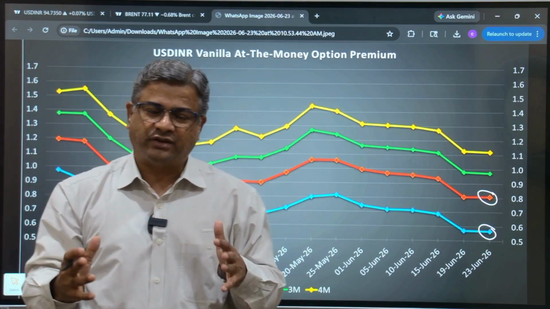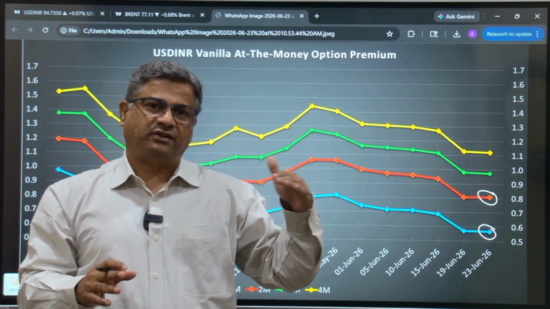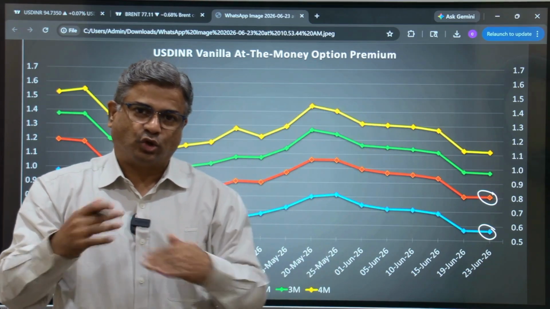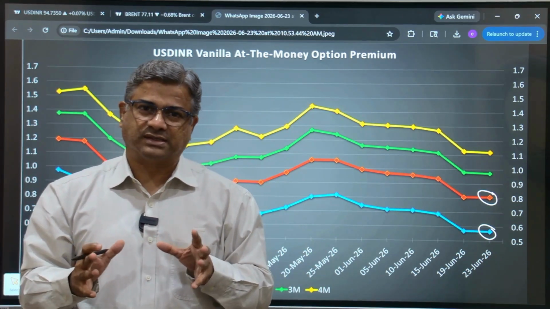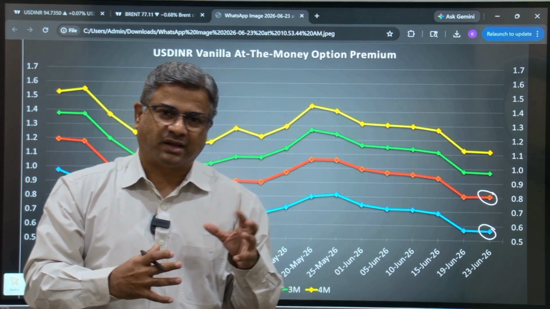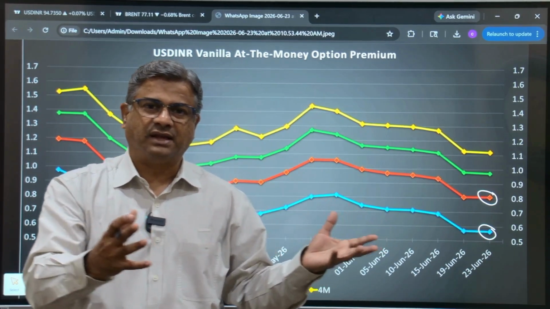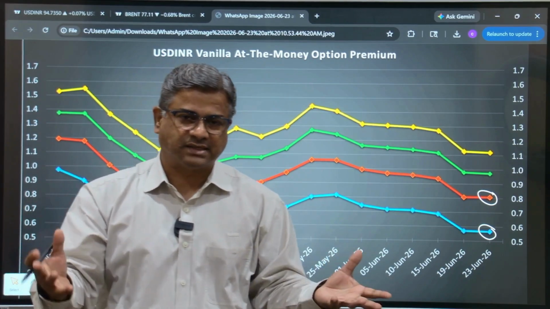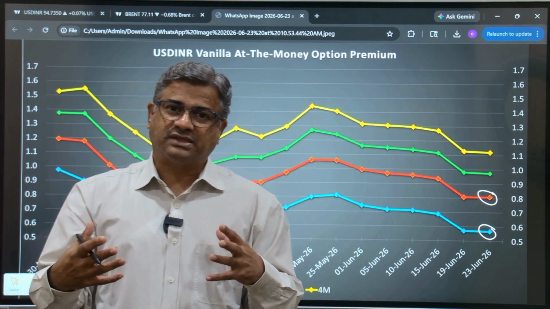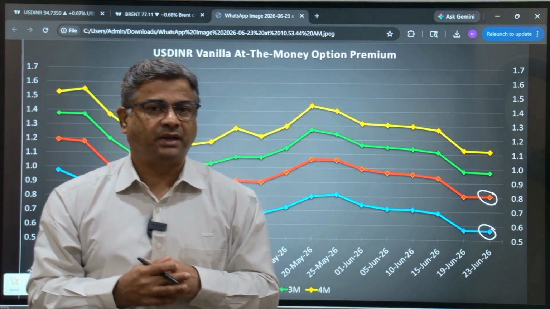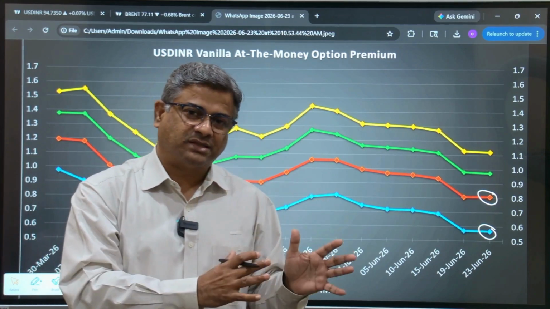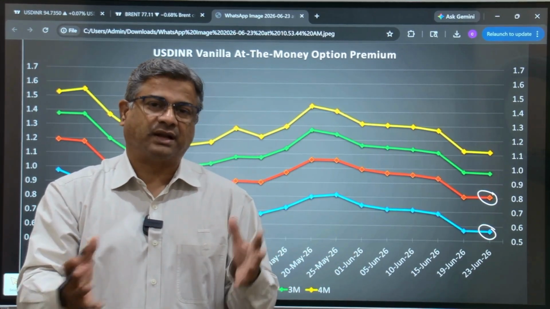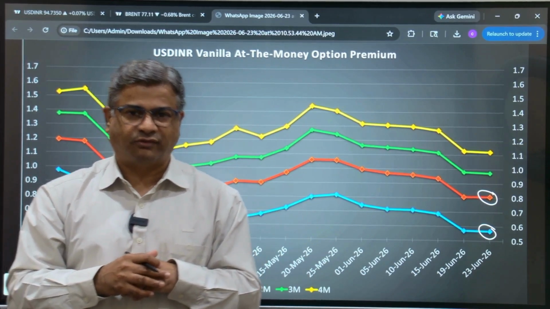So you can wait for a while and target 95, 95.50 levels to resume hedging using forwards. But if you are getting nervous that a lot of inflows might come in, RBI is relaxing FCNRB regulations, ECB regulations, and the rupee might gain a bit, then it's more sensible to do dollar puts rather than doing dollar forwards.